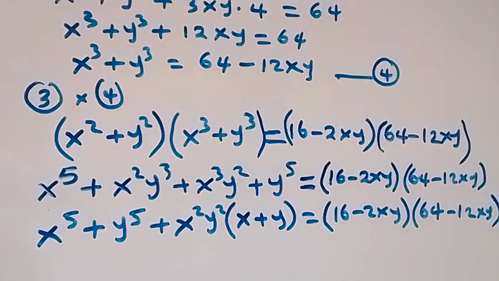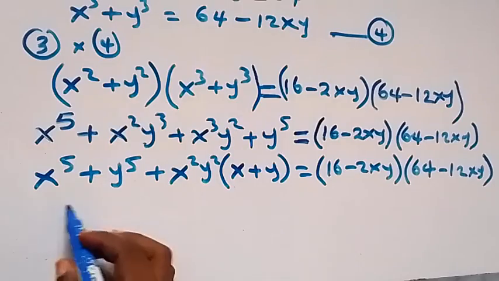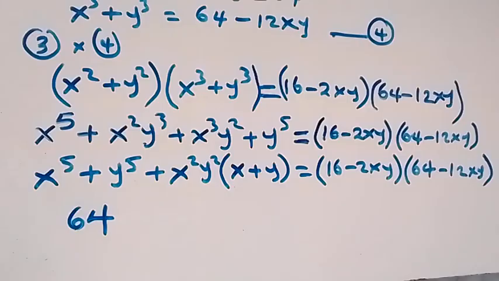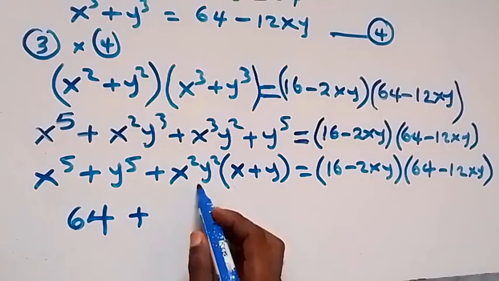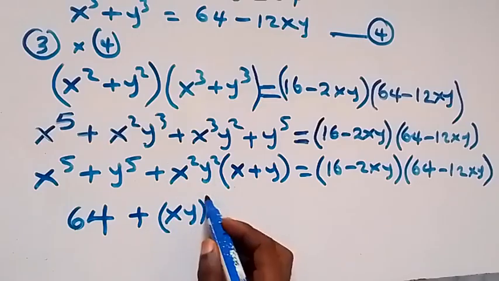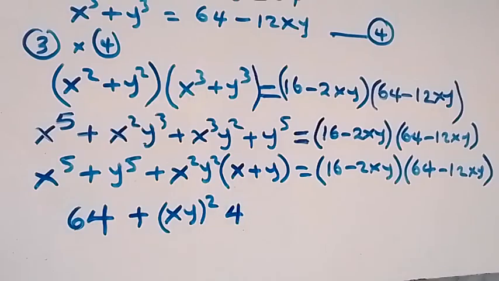Then in the next step, we have x raised to power 5 plus y raised to power 5 from equation 2. That gives us 64. Then plus, here we can write this as xy, all squared, times x plus y from equation 1, which is the same thing as 4. Then which equals, from here, that's multiplied by 4.